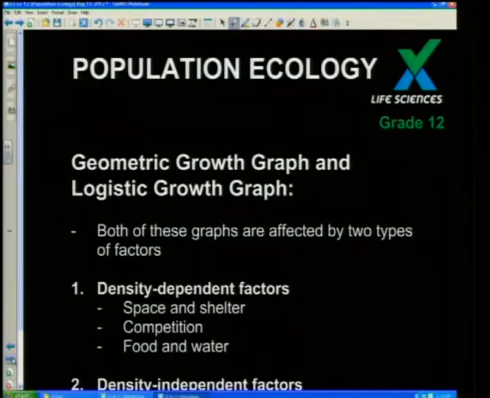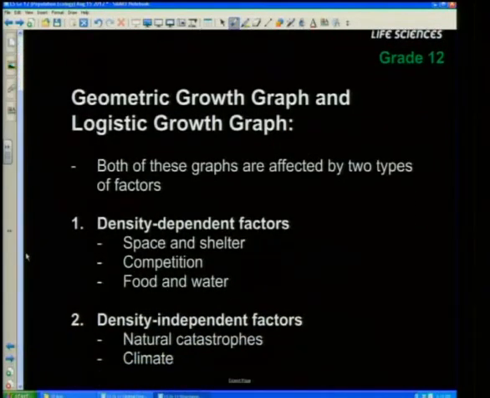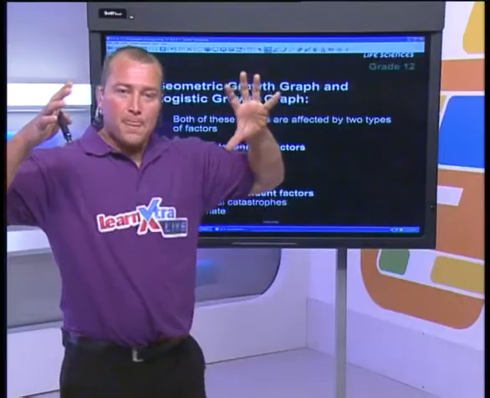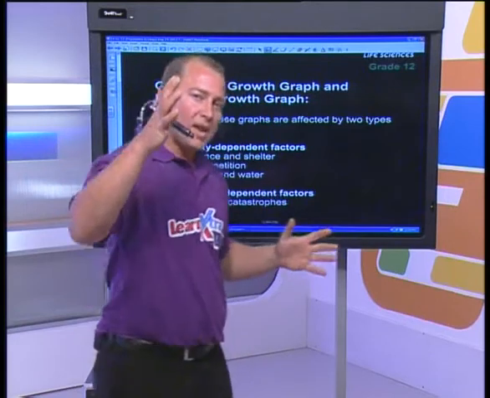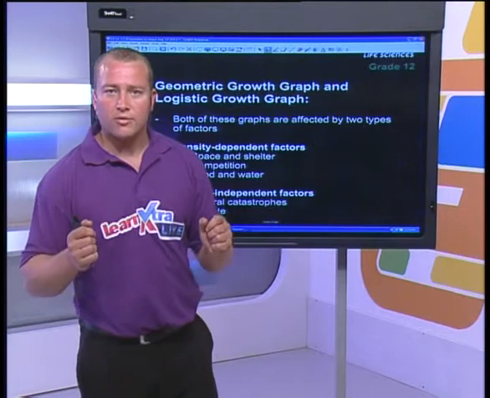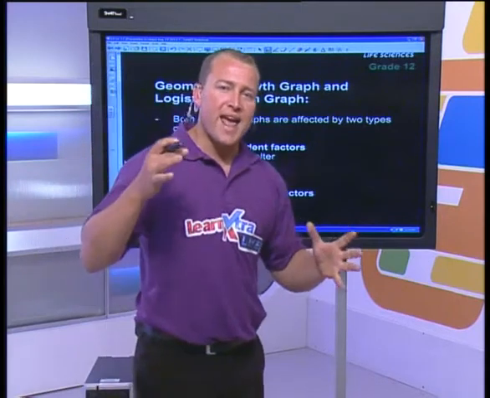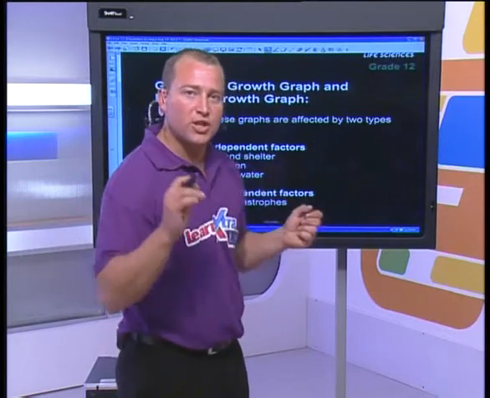These are the graphs themselves. How do we find out about these two graphs? If we have a look at it, how do we get them to stabilize with each other? I'm going to have a look at the S-shaped graph, the logistic graph, and we're going to have a look at how we can get there, or what actually happens there to make sure it's perfect.